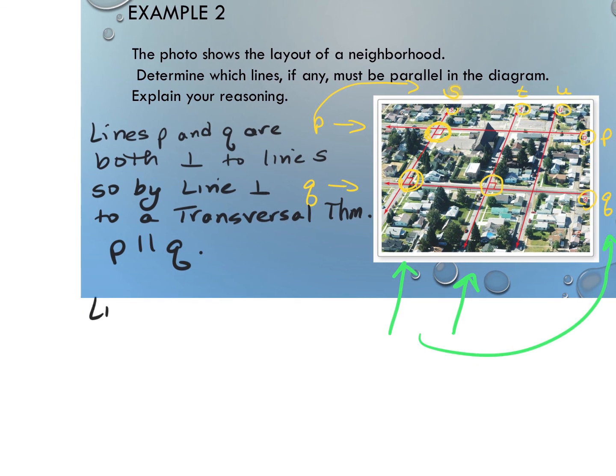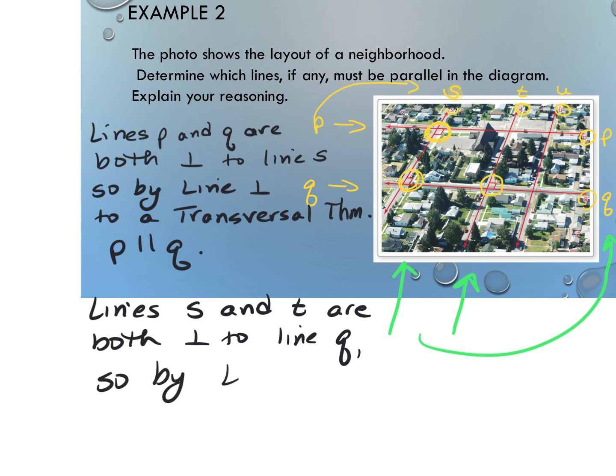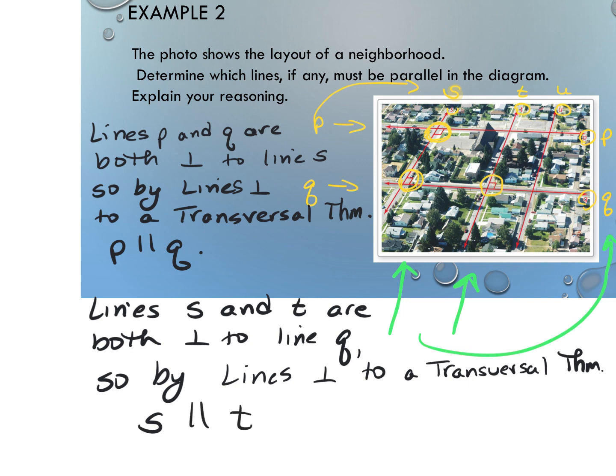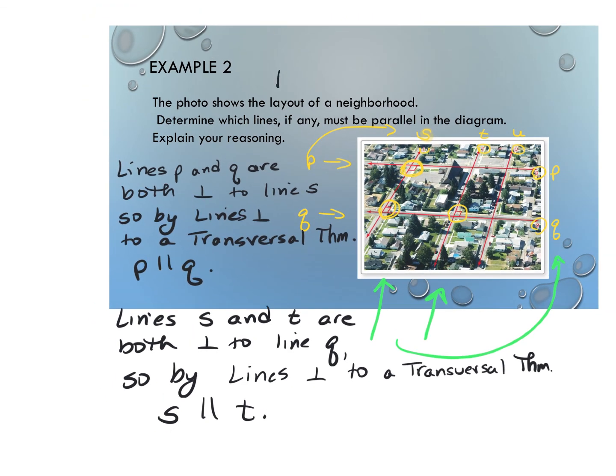Lines S and T are both perpendicular to line Q, so by the lines perpendicular to a transversal theorem, I can state that S is parallel to T. The two pairs, again, are P parallel to Q and S parallel to T, because they're both perpendicular to the same line.